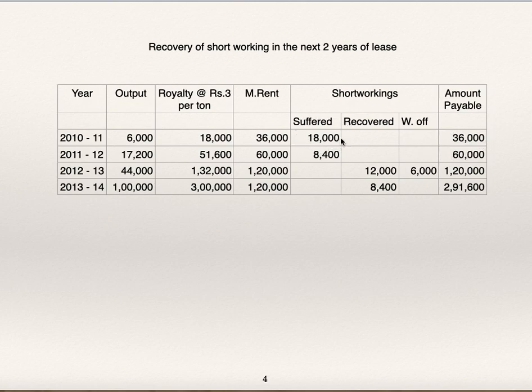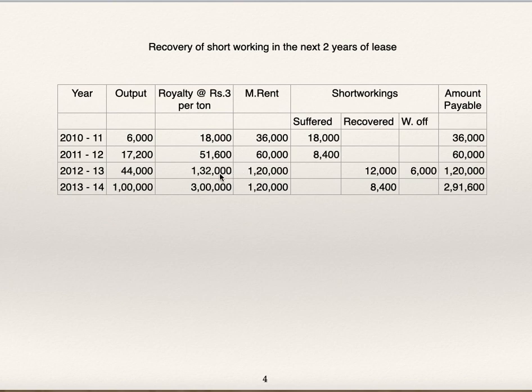So see, he has suffered 18,000. For the year 11-12, royalty is 51,600, minimum rent is 60,000. Again, minimum rent is more. He is supposed to pay whichever is more, that is 60,000, and difference between royalty and minimum rent is short working that he has suffered, which you are supposed to write in suffered column.